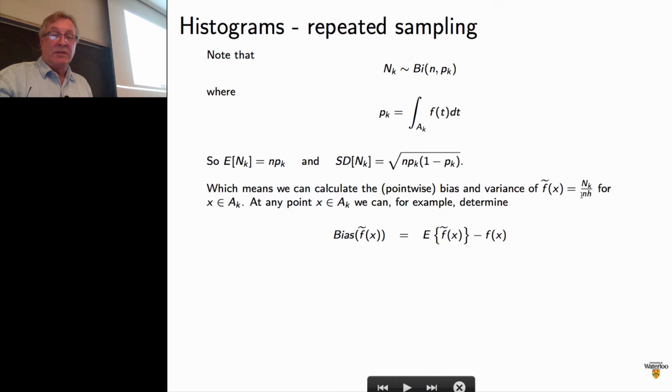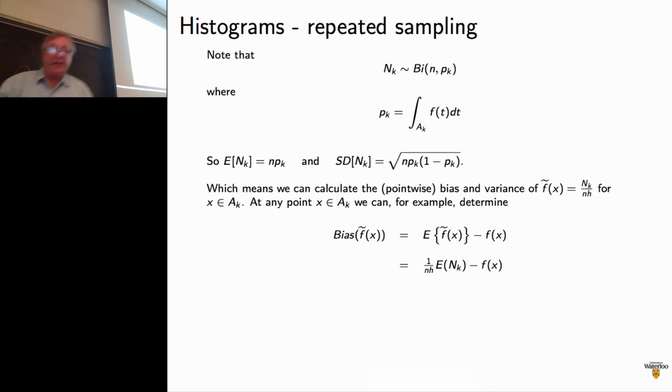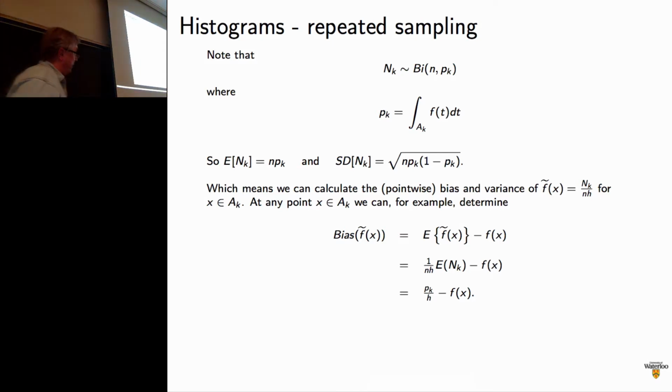It's going to be the expected value of this ratio, and 1 over nh is a constant. There's nothing random there, so that comes out of the expectation. And we know that the expected value of nk is npk. So the bias is pk over h minus f of x. So at any x in that kth bin, we've got the bias.